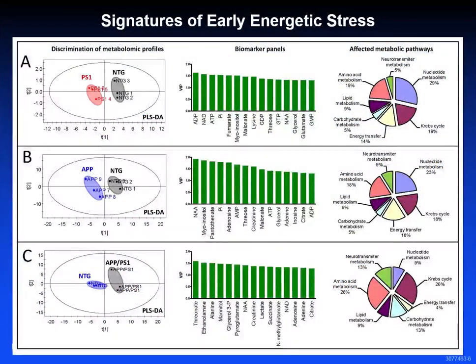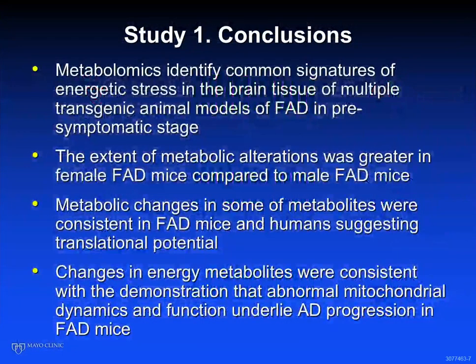So when we look at specific panels of metabolites in all of these different animal models, we found that metabolites that relate to specific mitochondrial functions, including TCA cycle, were affected the most. So the conclusion of this study was that metabolomics could help to identify signatures of energetic stress associated with Alzheimer's disease in pre-symptomatic stages.